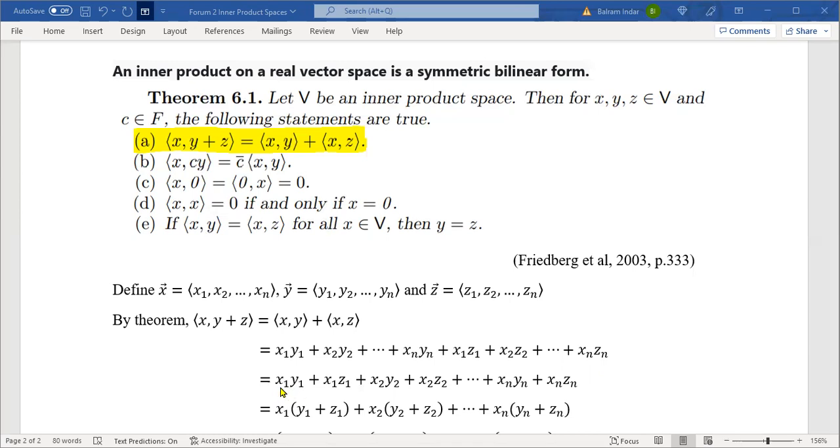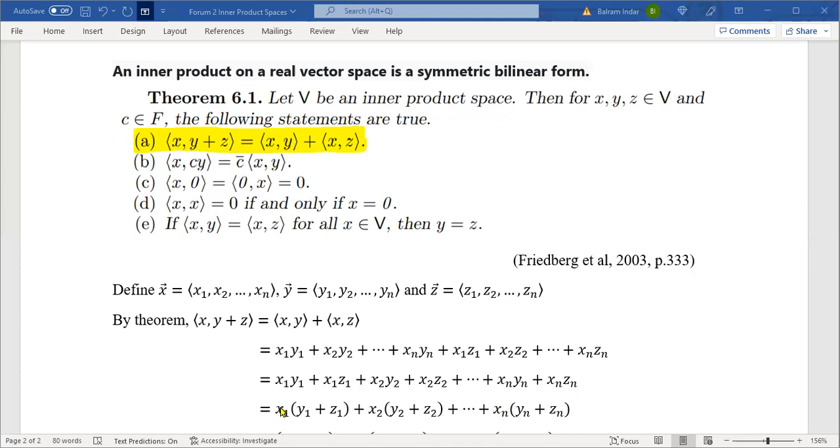Take, for example, x sub 1 y sub 1. I'm going to group that with x sub 1 z sub 1. Then I move on to x sub 2 y sub 2, and I group it with x sub 2 z sub 2. So I'm grouping these components according to the common sub indices, until I finish with all of them.